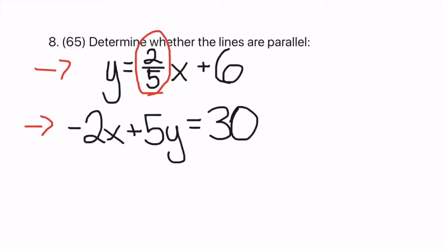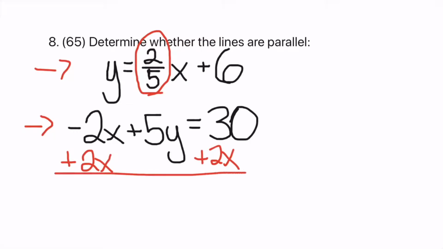So the first thing we're going to have to do is move this into slope-intercept form by solving for y. So first thing I'm going to do is add this 2x to the other side. And that leaves me with 5y over here equals 2x plus 30.